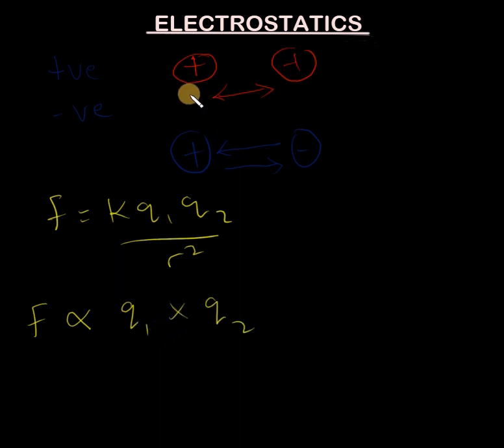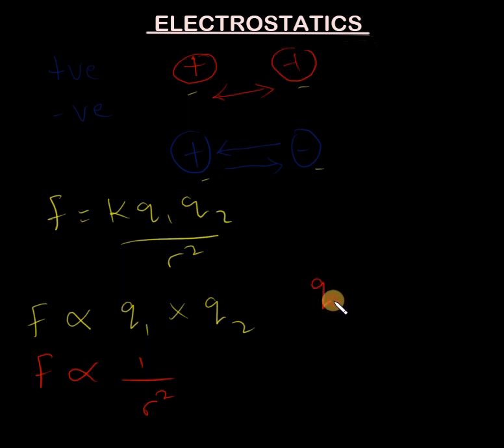That is, the product of positive charge 1 and positive charge 2, or positive charge 1 and negative charge 2. And it is also telling us that this same force of attraction or repulsion is inversely proportional to the radius, that is, the distance between them.